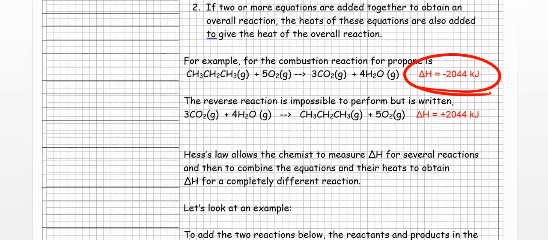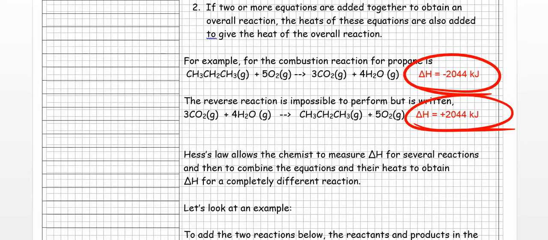Now it's virtually impossible to reverse that reaction, but the point is that if we were to reverse the reaction, the delta H would have a sign that's opposite of negative 2044. In other words, positive 2044, right? So the sign of delta H is reversed if you reverse the reaction. So that's the first thing.